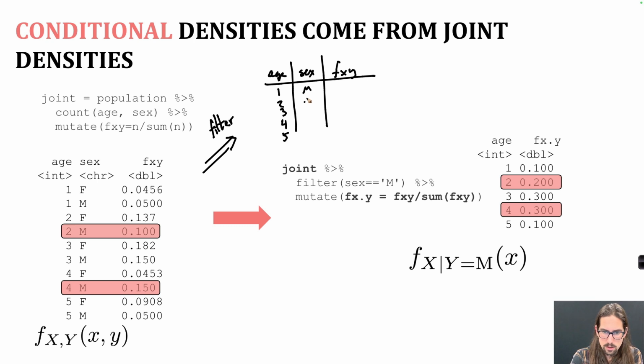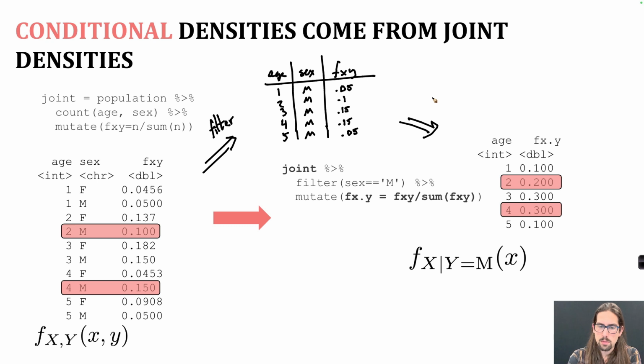My sex is all m. And then my values here are 0.05, 0.1, 0.15, 0.15, and 0.05. Okay, so this is after doing the filter.